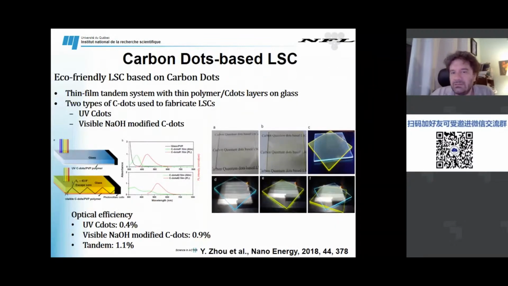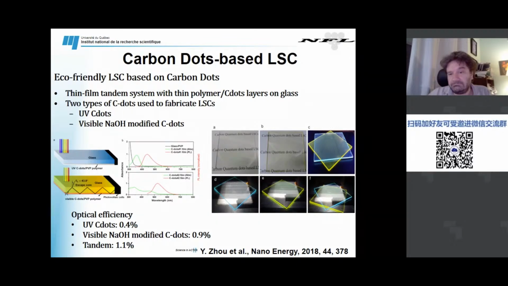Again, we went through various stages and iterations, starting with these toxic elements, going through other types of quantum dots that are greener and less toxic, heavy metal free. And our latest generation of dots are carbon dots. And here you can see essentially these carbon dots, well, they're pretty green.